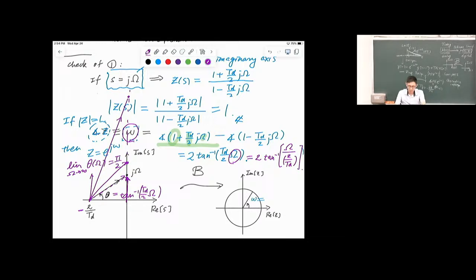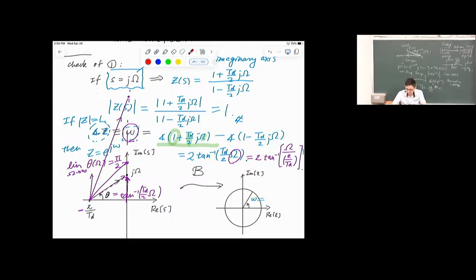Okay? So in this way, we map the imaginary axis to the unit circle in a monotonic way, in that when we increase omega, theta always increases. But we are wrapping the entire imaginary axis to half a circle.